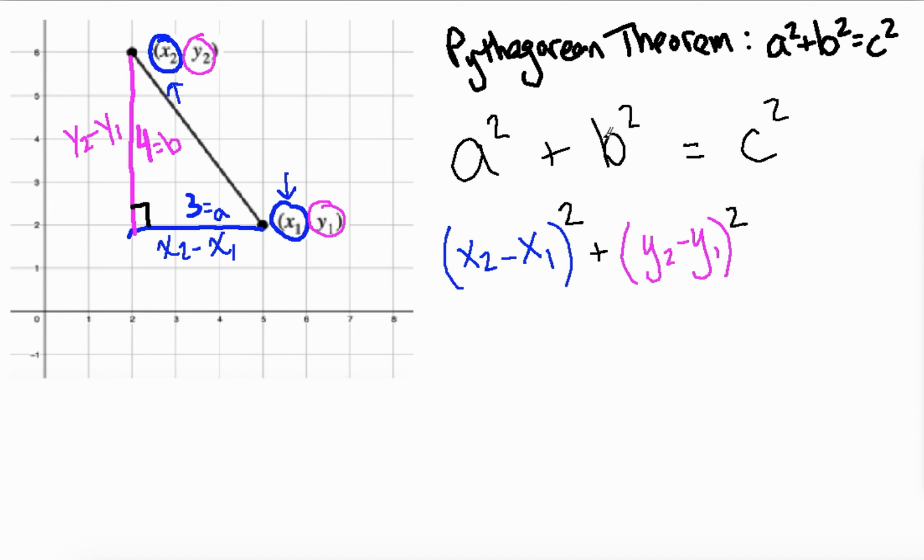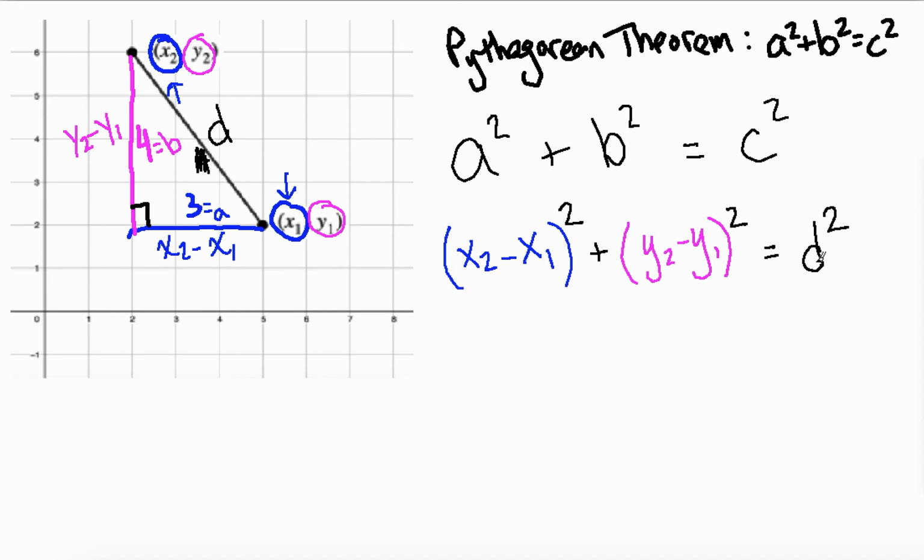So instead of saying b squared, I'm going over to my diagram and using this line right here, y2 minus y1, to place it in here. This is going to give me the distance d, which is d squared. So instead of calling this c, I will call it d.